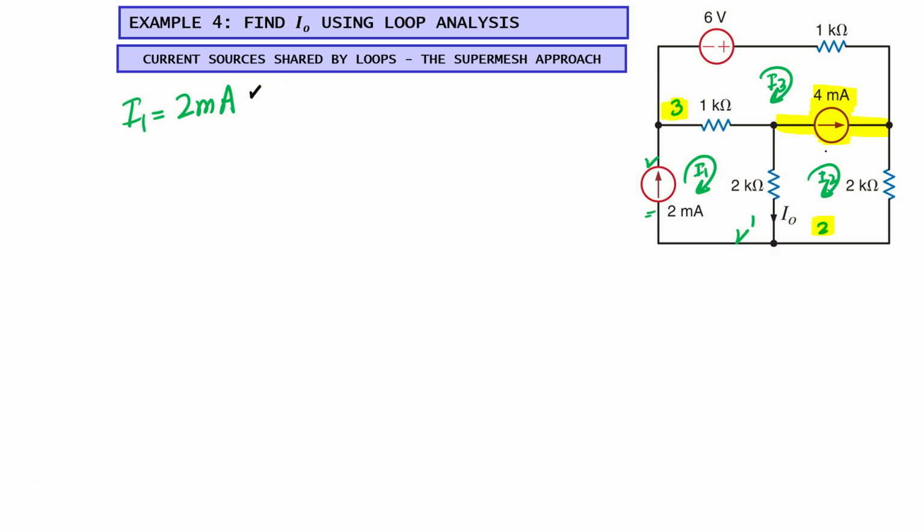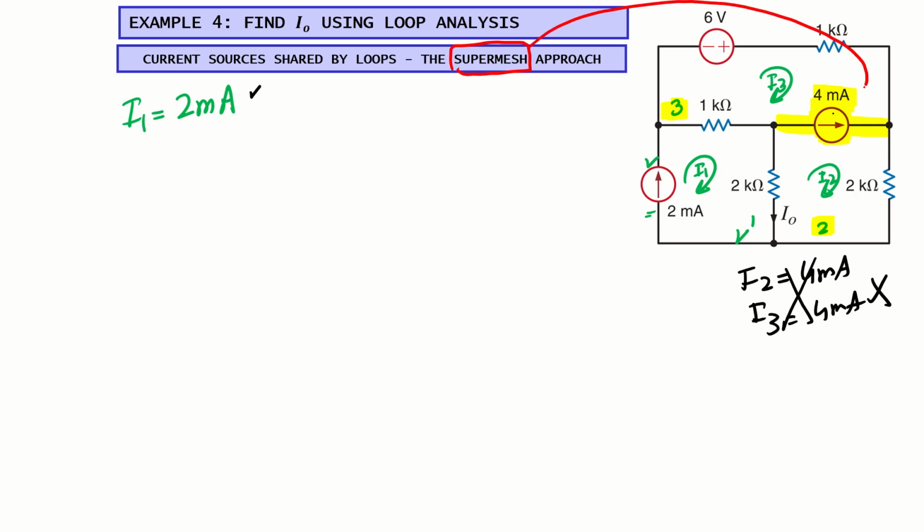Now we cannot write I3 is 4 milliampere, because this current source is shared between these two loops. Whenever we have such a scenario, it makes a supermesh.